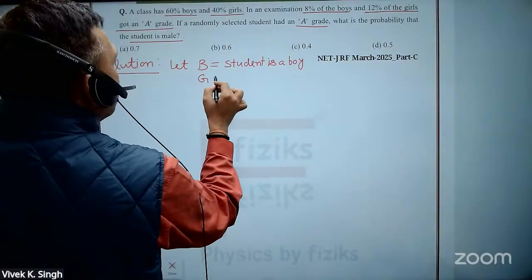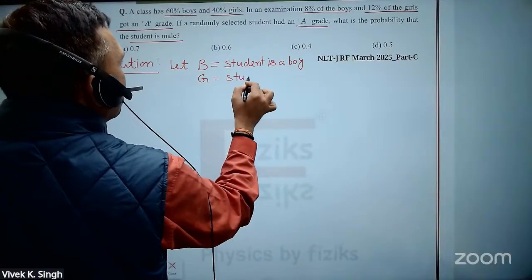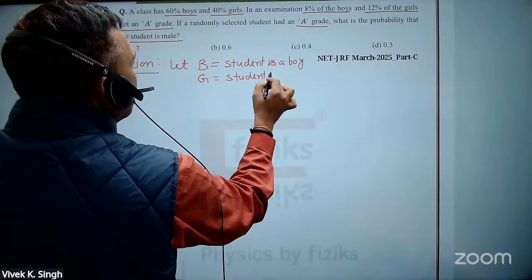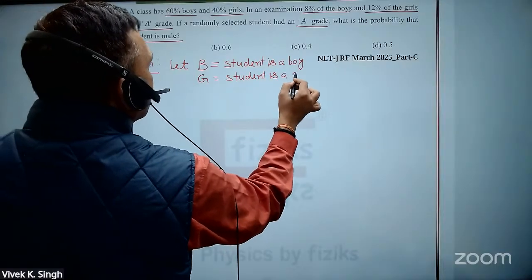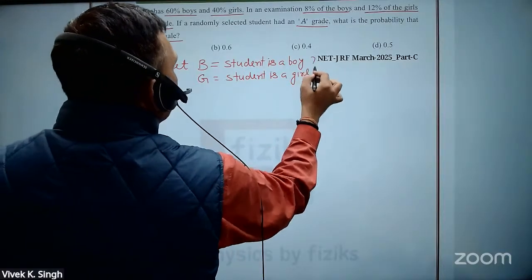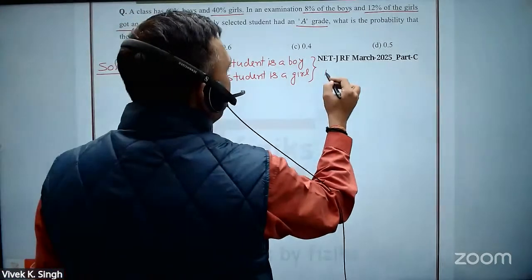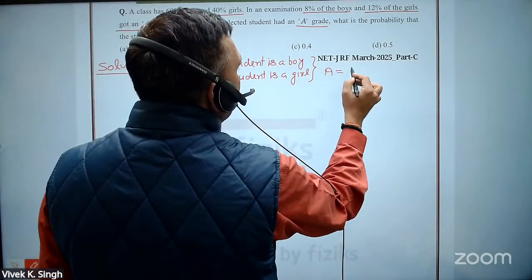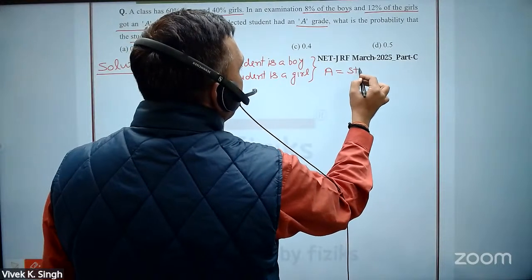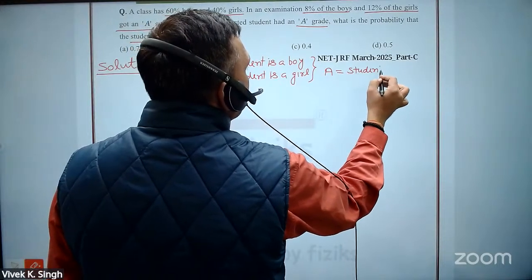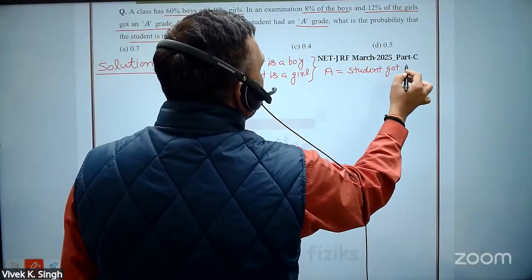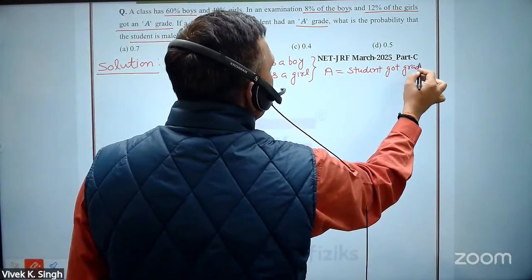And another is G, that the student is a girl. And then the next event I am taking is A, that the student got grade A.